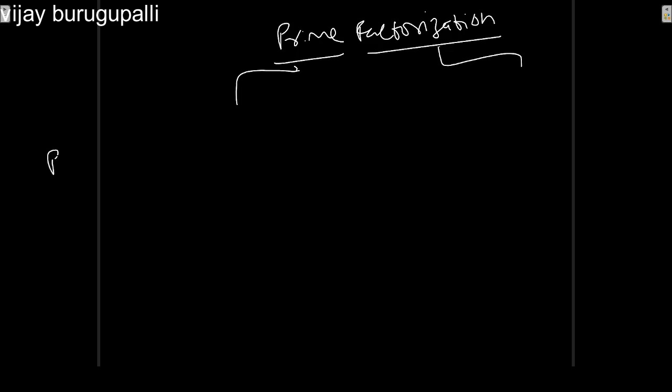So let's first see the definition of prime factorization. Let me explain it in words. Prime factorization is nothing but representing a given number in the form of a product of its prime numbers. Let's write it down.